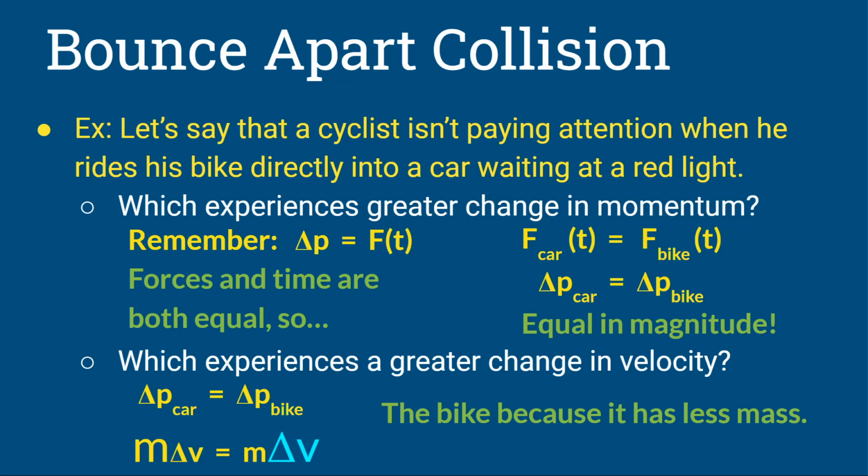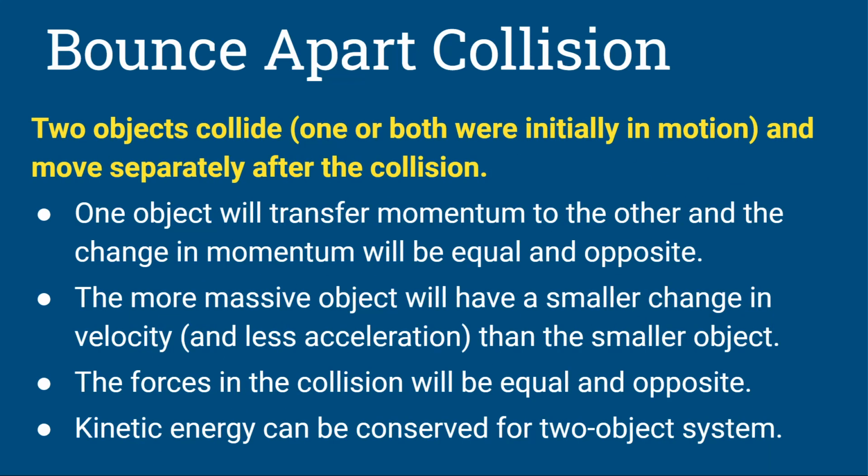Okay. So to kind of summarize our bounce apart collision, and you might want to jot these points down. Again, a bounce apart collision occurs when two objects collide and move separately after the collision. One object will transfer momentum to the other, and the change in momentum will be equal and opposite. So again, if one object loses 50, the other gains 50, or whatever.